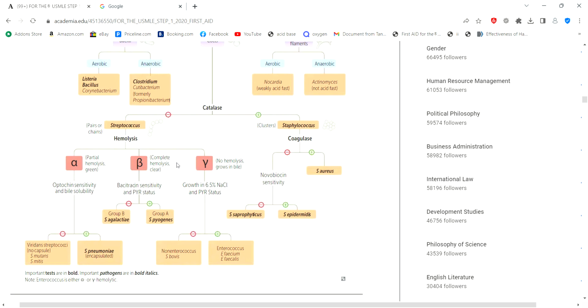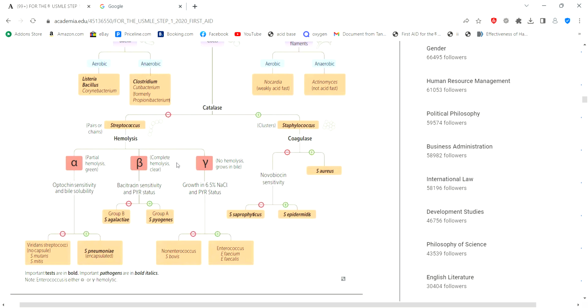So here we have beta hemolysis and Group B strep. It's the one for babies.